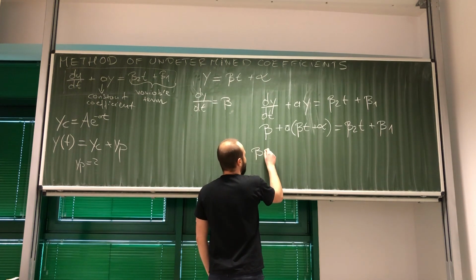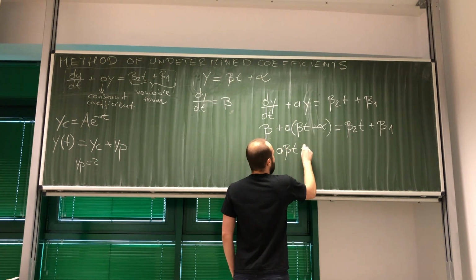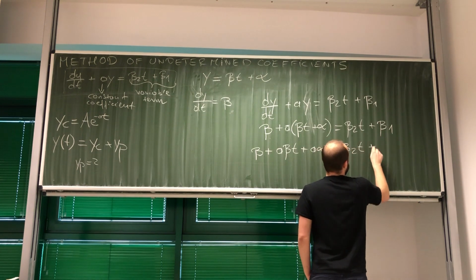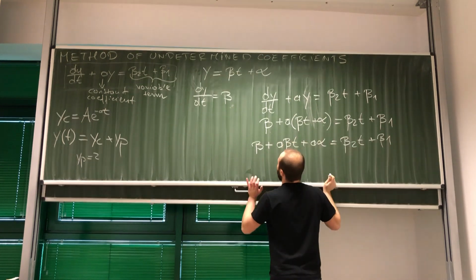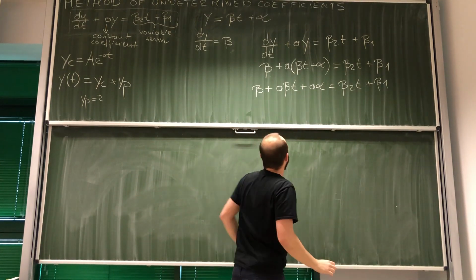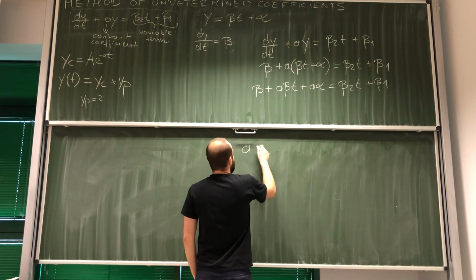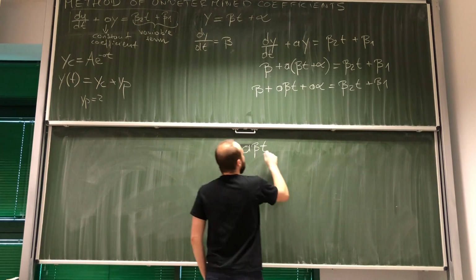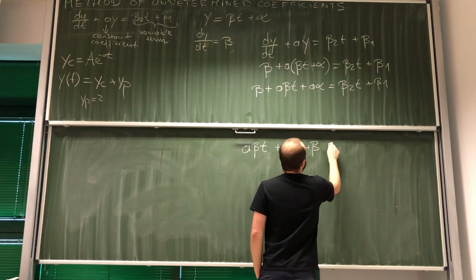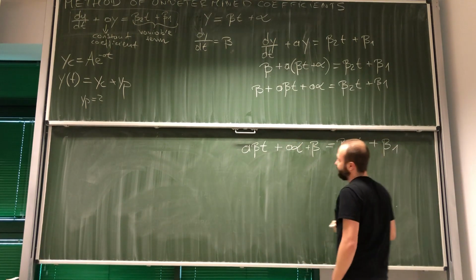So we get that this is beta plus a beta t plus a times alpha equals beta 2 t plus beta 1. Or if we organize this into a little bit nicer expression, we get a beta t plus a alpha plus beta equals beta 2 t plus beta 1.